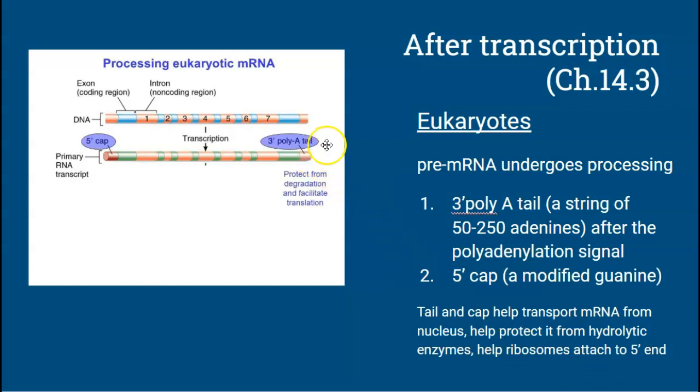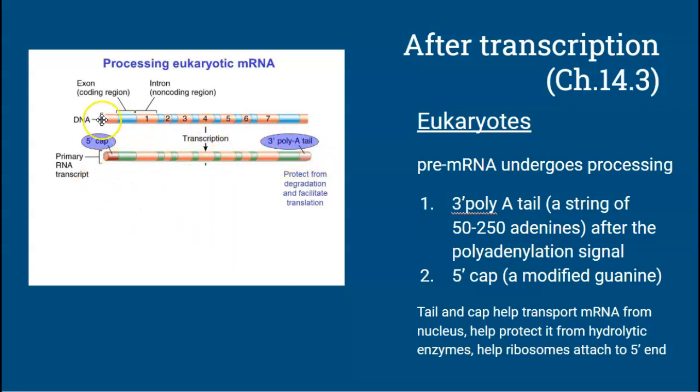At the very end of your new piece of RNA, there's a whole bunch of, like, 50 to 250 adenines added to the end. It doesn't code for anything, okay? But what it does is protect. We're going to learn that there are some enzymes that are going to want to break down this mRNA. And so this poly A tail right here keeps the enzymes from breaking down important bits in here.